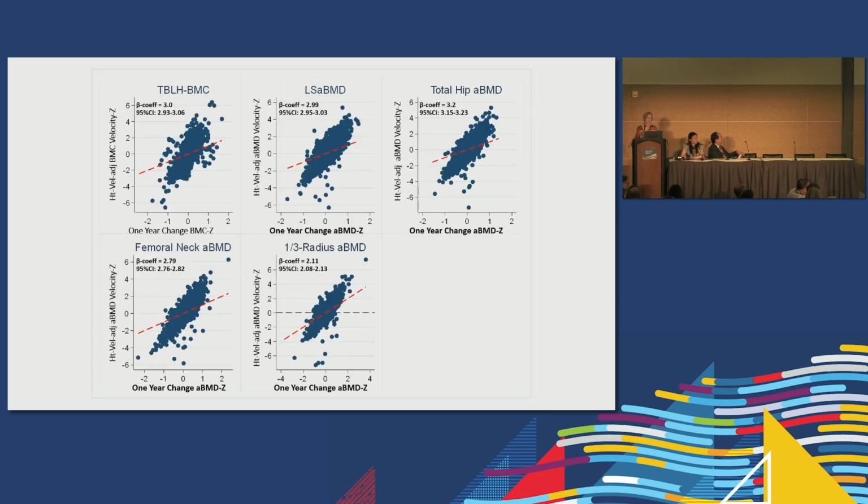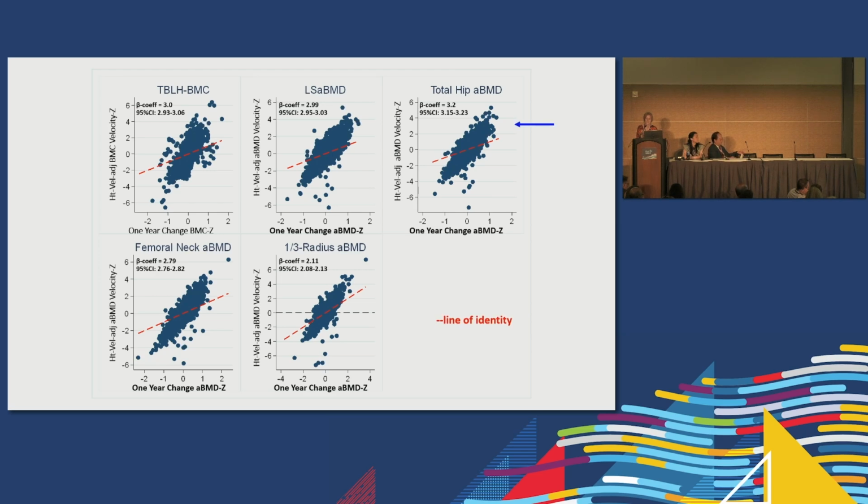Okay, I'm simplifying this. I'm not going to go through all the models for you, but on the x-axis is the absolute change in the z-score that you would get from a DEXA. You went from -5 to -2.5, and on the y-axis is the actual velocities. What I want to point out to you is that these are highly correlated, but they're not completely in agreement. Note that the x-axis is -2 to 2, and the velocity z's are much greater spread.